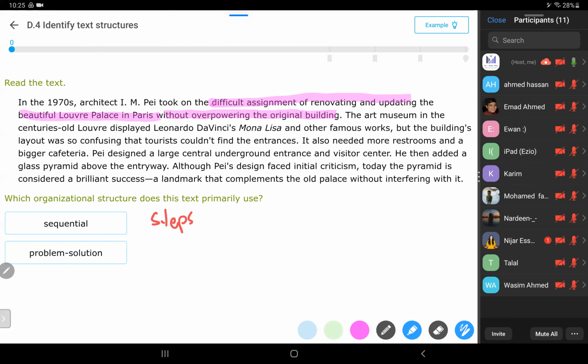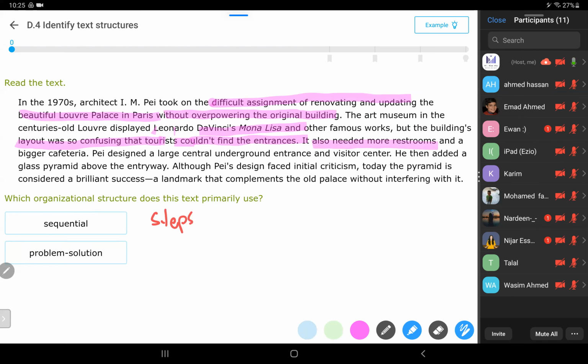The art museum in the centuries-old Louvre displayed Leonardo da Vinci's Mona Lisa and other famous works, but the building's layout was so confusing. The structure of the place itself was so confusing for tourists, and they could not find the entrances or the pieces of art they wanted to see. It also needed more restrooms.